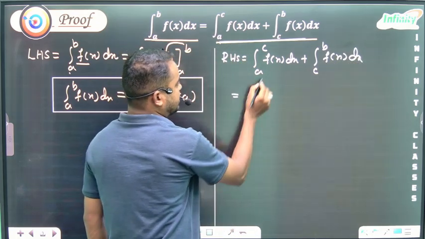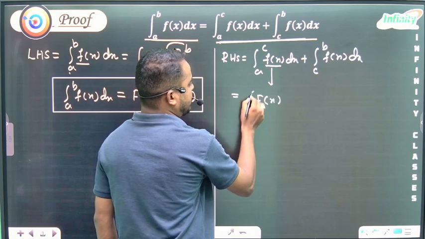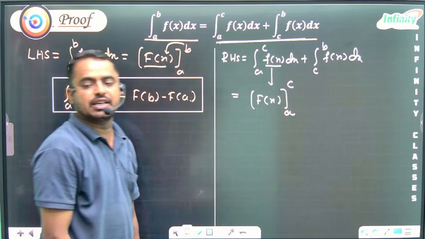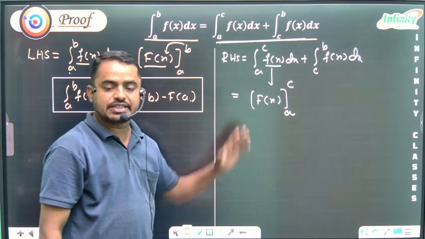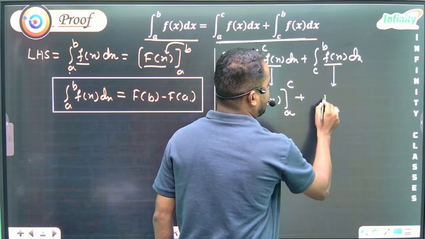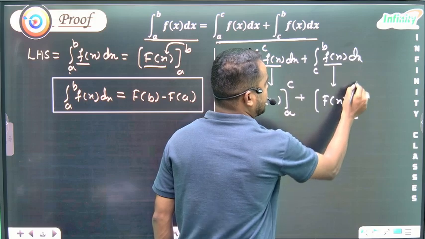Here integration of f of x is capital F of x between the limits, lower limit a and upper limit c, then plus again integration of f of x is capital F of x between the limits, lower limit c and upper limit b.